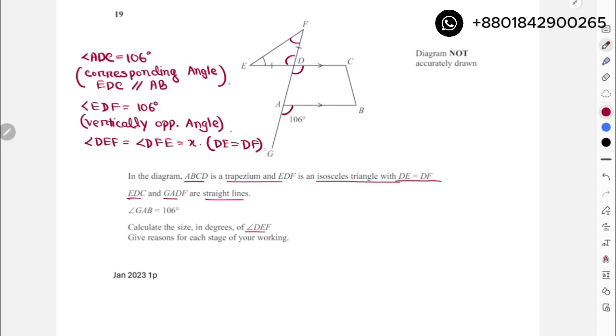And finally, we can say this is X and this is X and this is your 106. Now we can easily use the formula that X plus X plus 106 equals 180 degrees under the basic sum of a triangle.